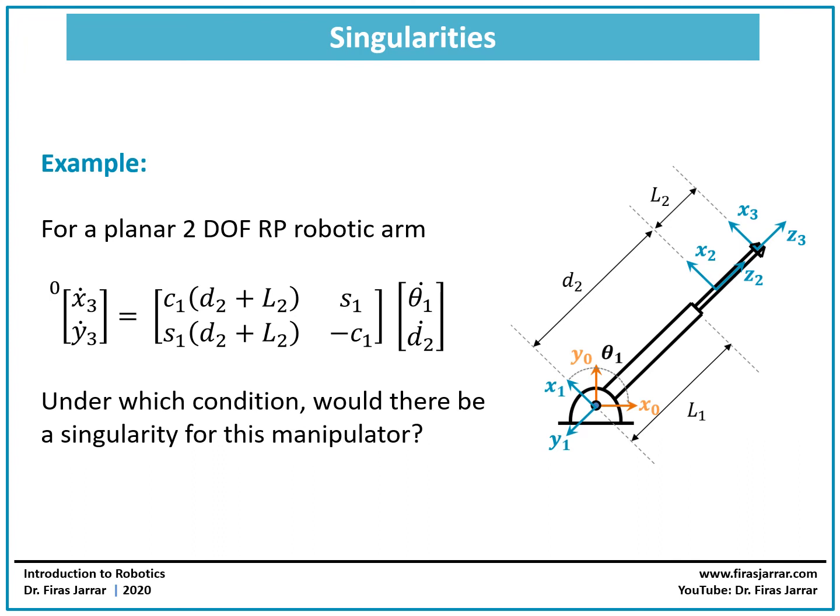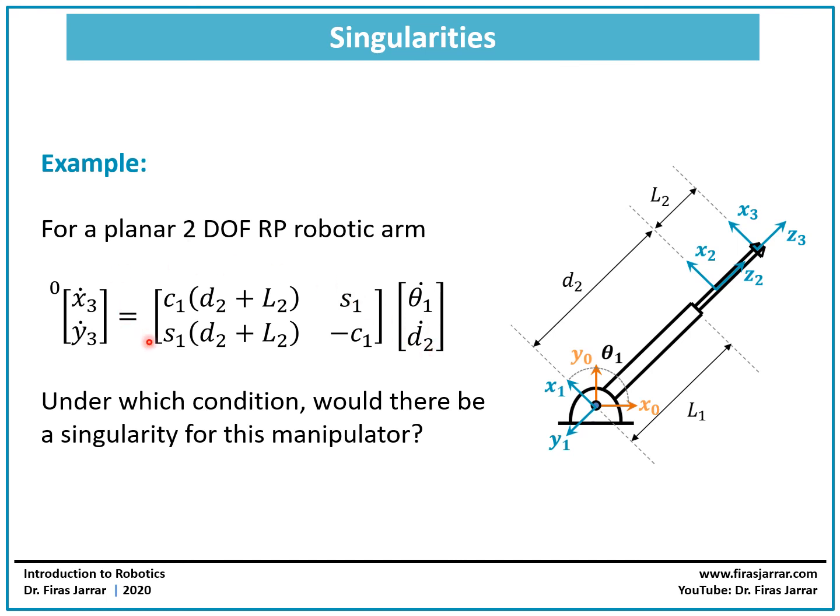This is another example of a planar 2 degrees of freedom robotic arm. This time it's a revolute-prismatic robotic arm. We have theta 1 here and we have d2, both of which are variable. And in a previous lecture, we were able to obtain the relationship between x dot, y dot of the end effector as a function of these joint rates, theta 1 dot and d2 dot.